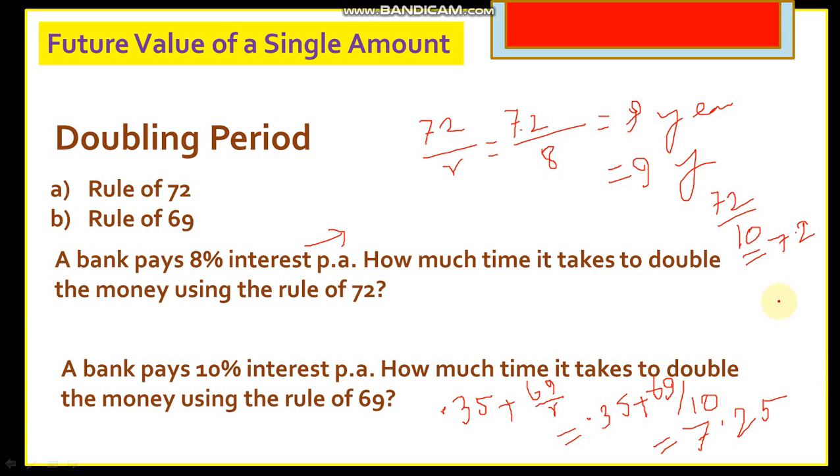Okay. So see, this is 7.2, this is 7.25. If you actually calculate this doubling period using the formula, then this will be much closer, right? But this is also a handy tool to understand the doubling period, right?